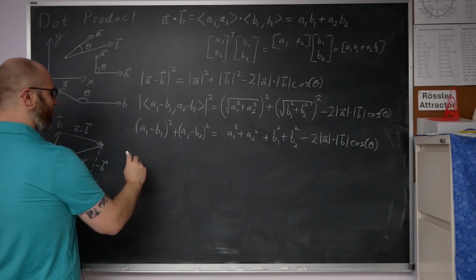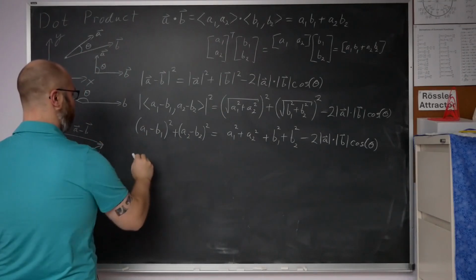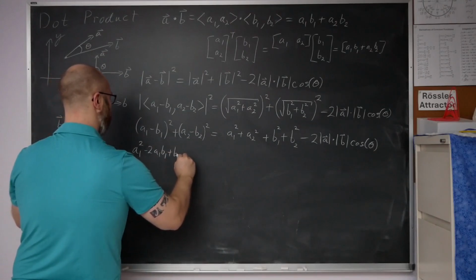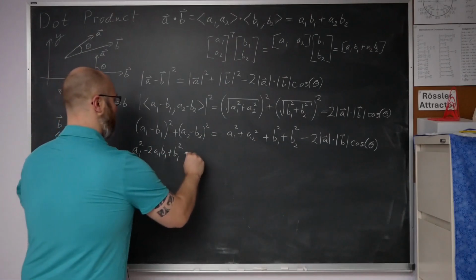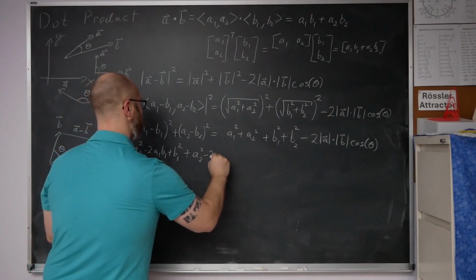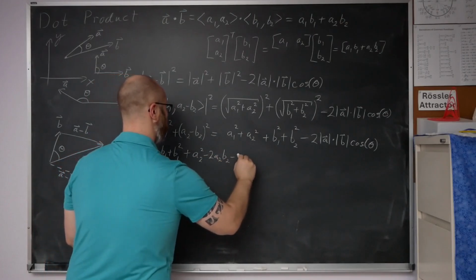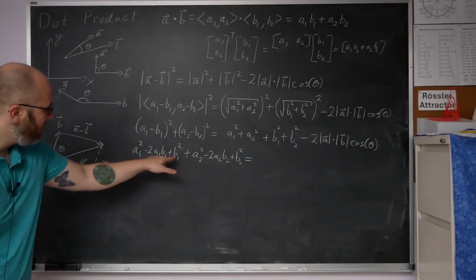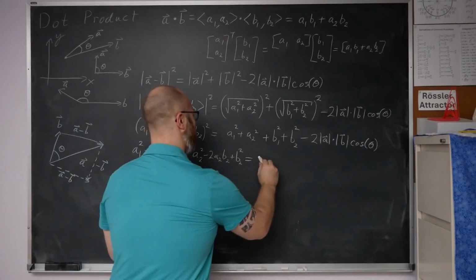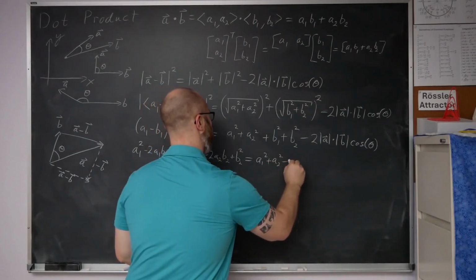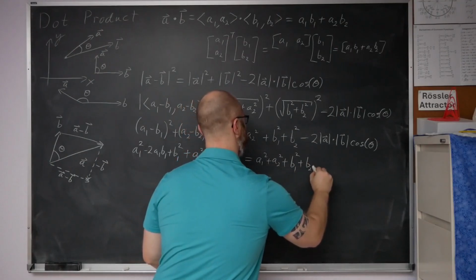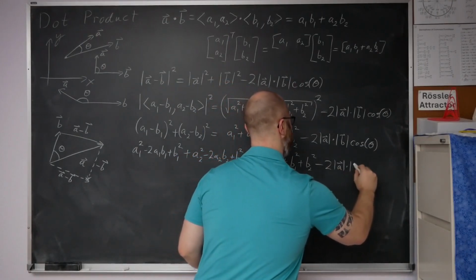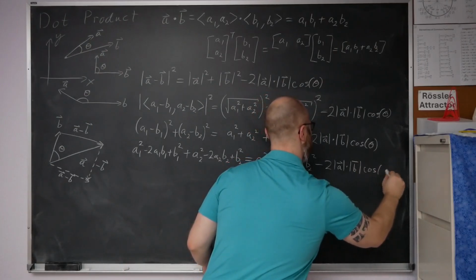So foiling out, we get A1 squared minus 2 A1 B1 plus B1 squared, plus A2 squared minus 2 A2 B2 plus B2 squared, equals A1 squared plus A2 squared plus B1 squared plus B2 squared, minus 2 times magnitude A times magnitude B times cosine of that angle.